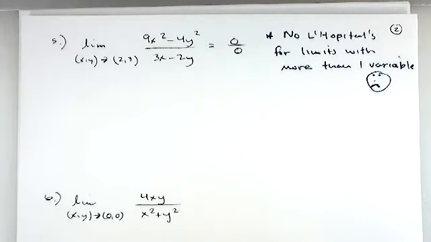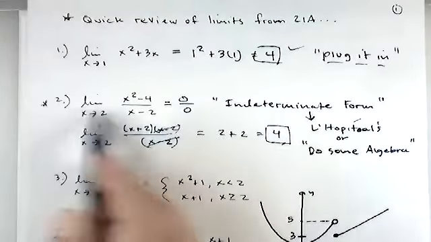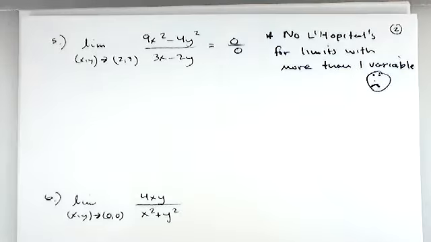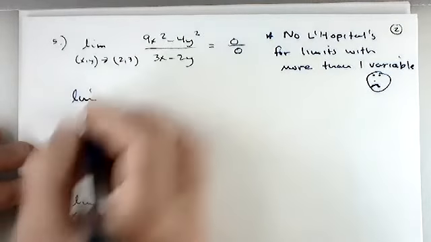Which means our first option we should try is kind of like the example we did up here. We should try to simplify this, doing some algebra. And hopefully you see this one. I could factor the top.